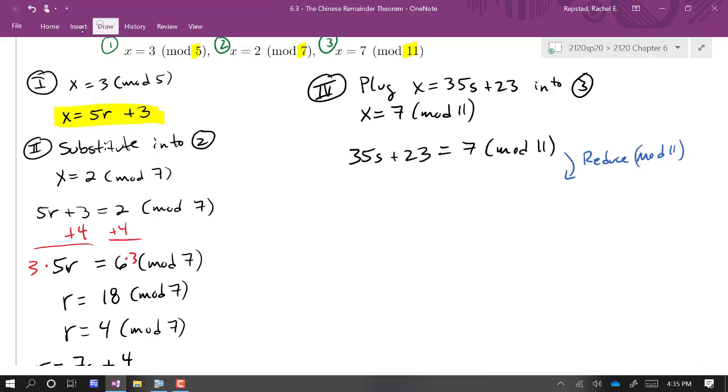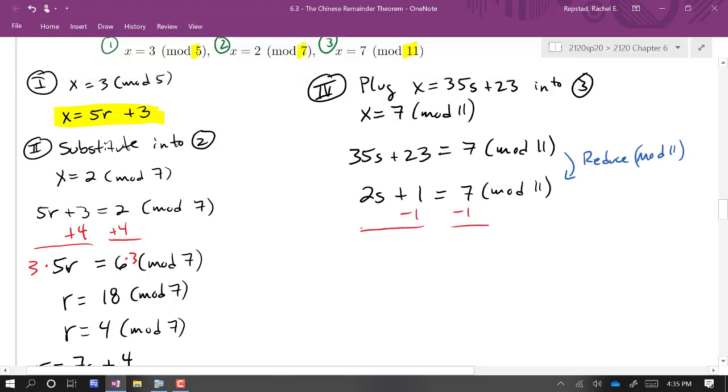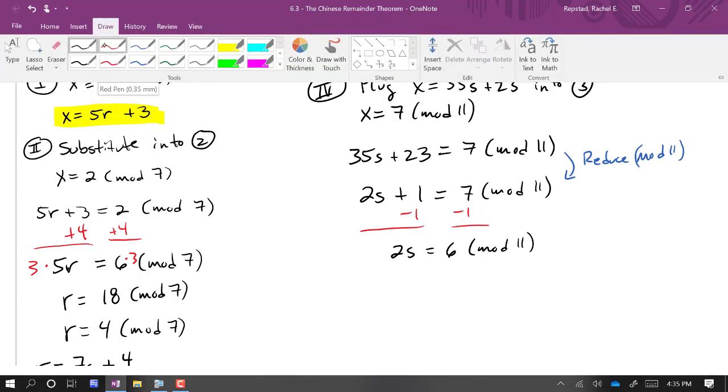So 35 mod 11 is 2. 23 mod 11 is 1. So I'll subtract 1. And now I need the inverse of 2 mod 11. Again, you can use the extended Euclidean algorithm, or guess and check.